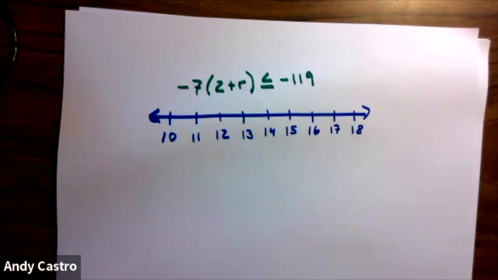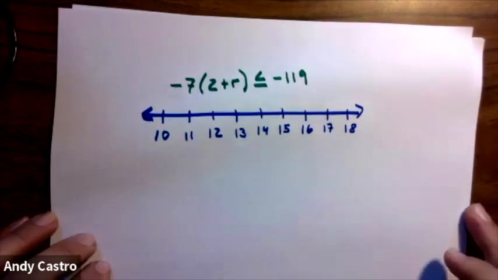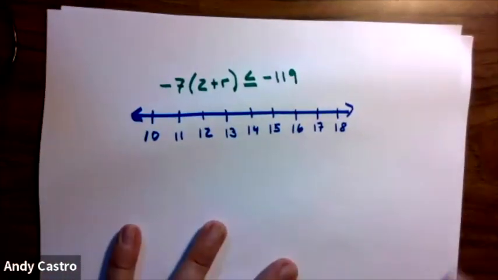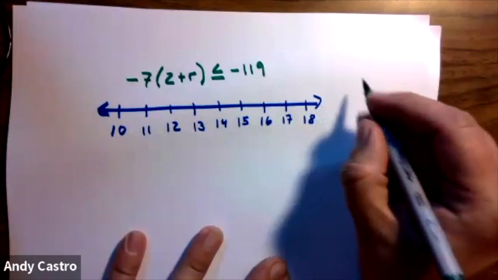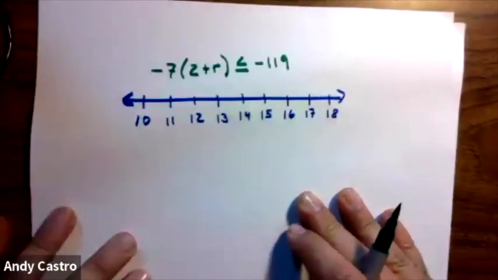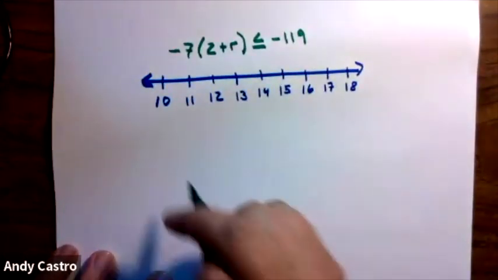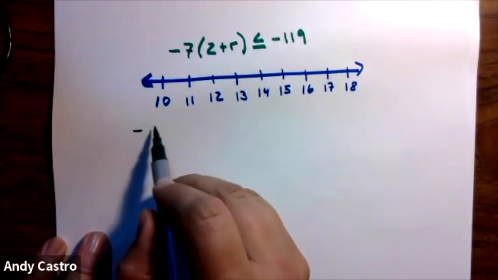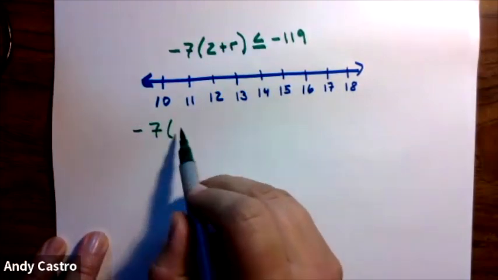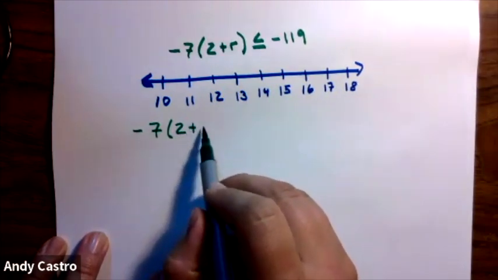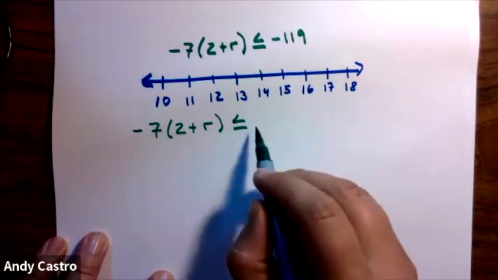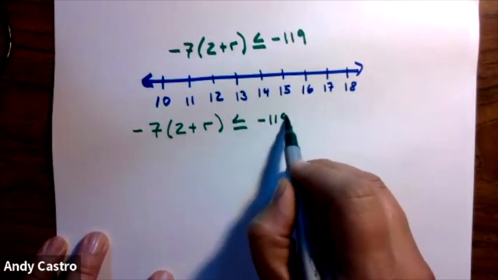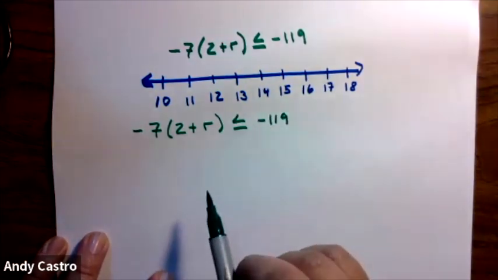Negative 7 times the quantity 2 plus r is less than or equal to negative 19. All right, so I'm going to go ahead and write this off to the side. Actually, I'm going to write it here underneath. I'll need some space. Negative 7 times 2 plus r less than or equal to negative 19. We're going to be graphing r.